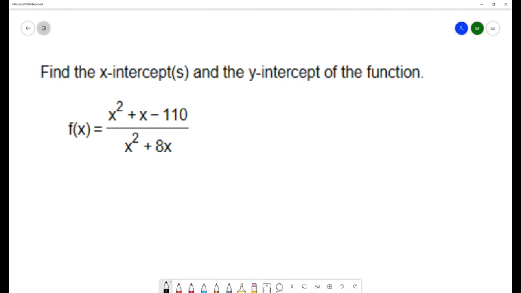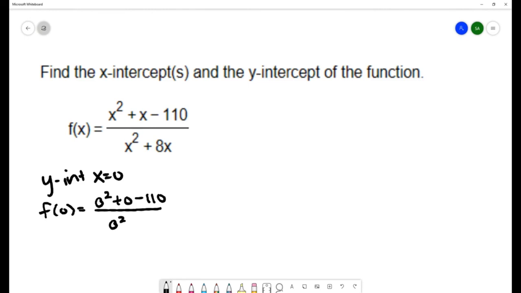And we find a y-intercept by letting x equal 0. So if I substitute a 0 in for this function, that would give me 0 squared plus 0 minus 110 over 0 squared plus 8 times 0. If I simplify, 0 squared is 0, plus 0 is 0, minus 110 will give me a negative 110 in the numerator.